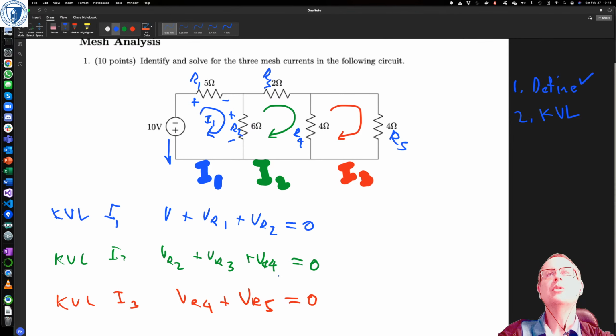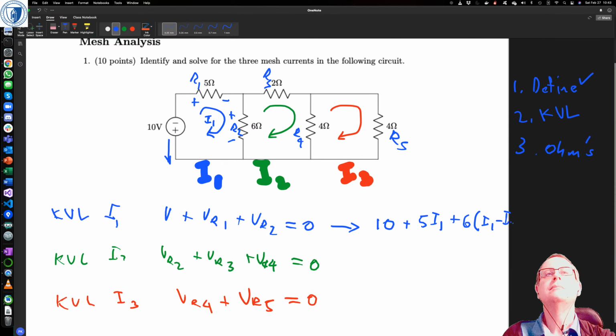So can somebody else from the group tell us what the next step is? The next step is apply Ohm's law. For the KVL 1, 10 plus 5I1 plus 6 into parentheses I1 minus I2 equals 0.